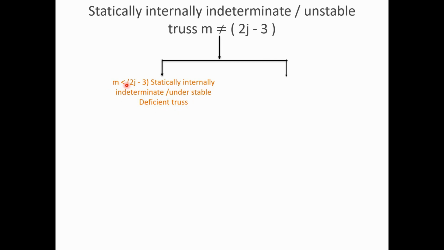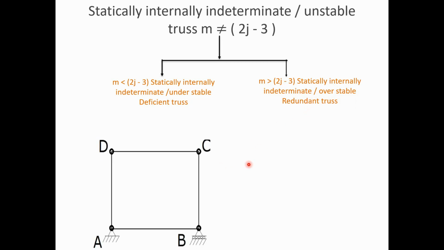Another condition is m greater than 2j minus 3, where the number of members is more than 2j minus 3. That truss we call statically internally indeterminate, or also an overstable truss or redundant truss. So there is a redundancy of members in the truss, or some member forces are more than required in this case.